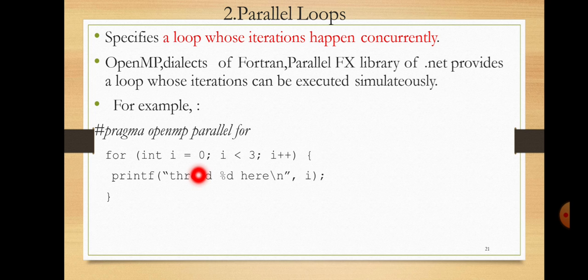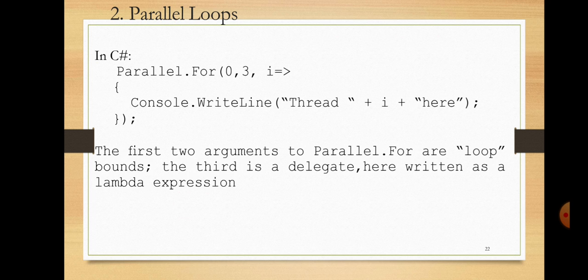Here we may get 3 threads. The value of i goes from 0 while i is less than 3, that is 0, 1, 2. So 3 threads can be created using this loop, and the 3 threads can be executed in parallel.